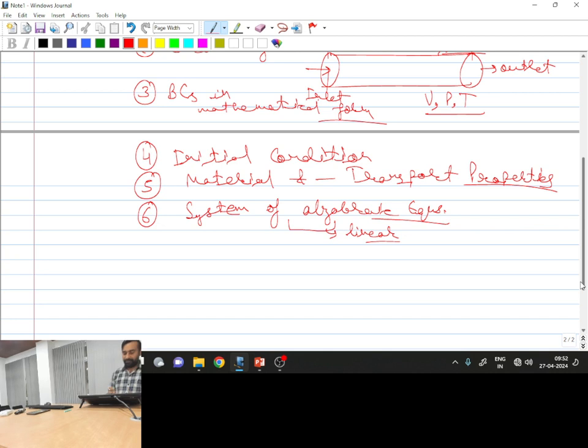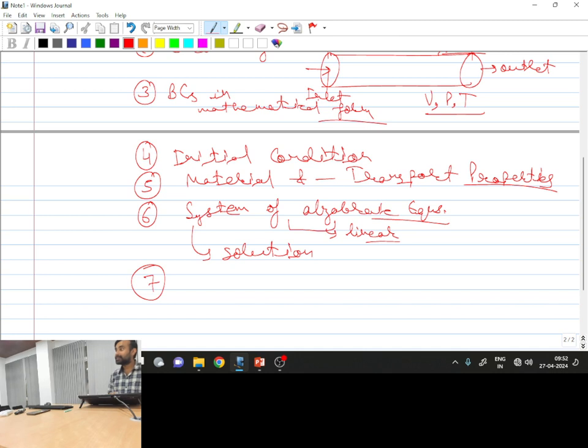Once you have solved them, then ultimately we will get the values of all the field variables within the entire domain. Once you have the knowledge of all the field variables, you can plot the required set of parameters at different locations.